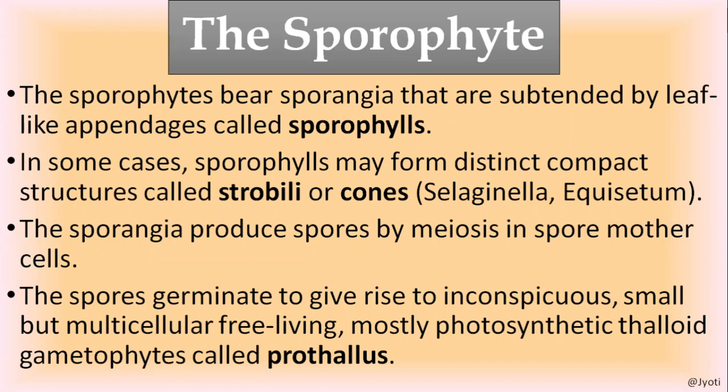True root, true stem, true leaves. So the sporophyte reproduces asexually by producing haploid spores, and those spores germinate to form a leaf-like flattened structure, free living. It is not dependent on the sporophyte, and it is a multicellular structure called prothallus.